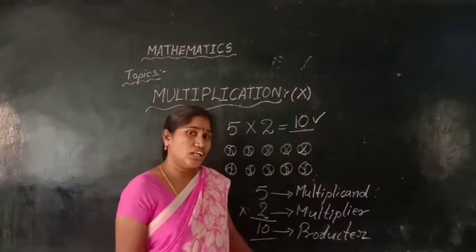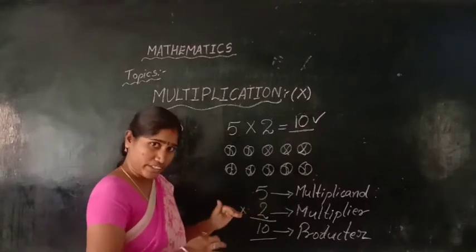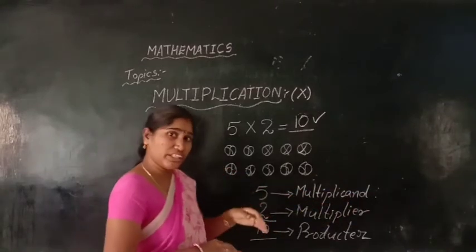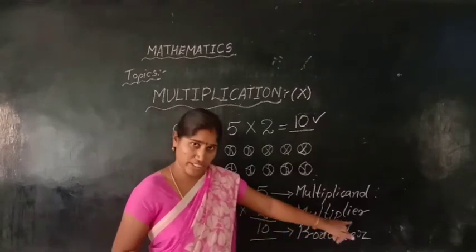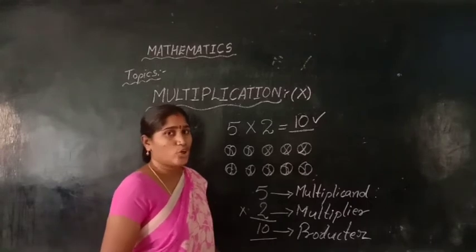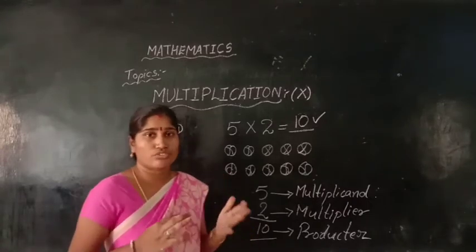Understand children? Here, which number is multiplied? That is called multiplicand. Which number is multiplying? That is called multiplier. The answer is product. Okay children, I hope you understand, but I will go through a few more examples for you.